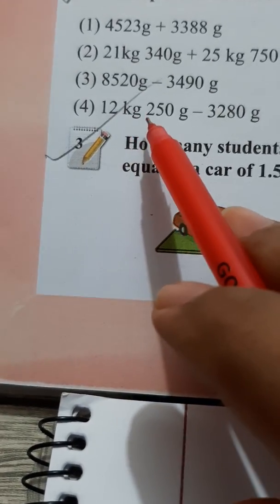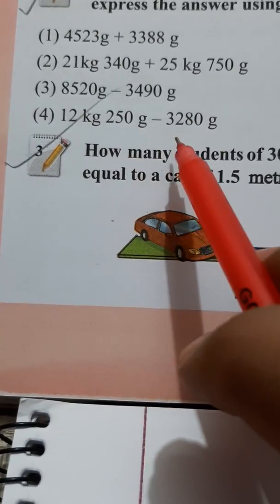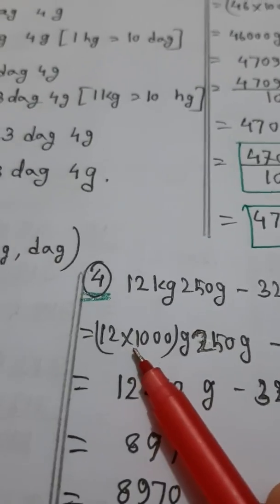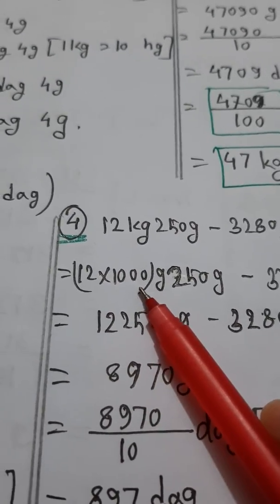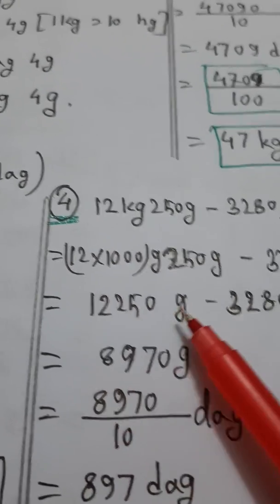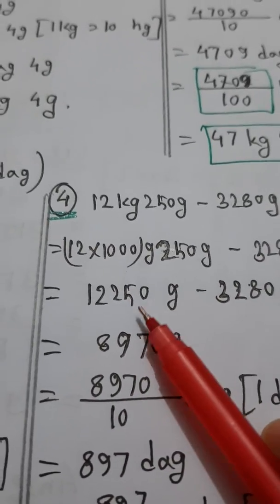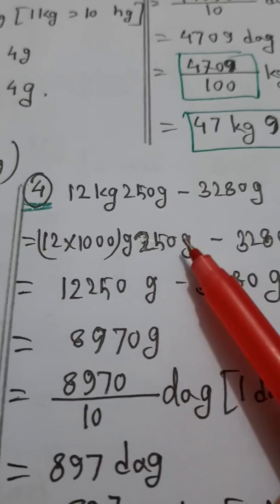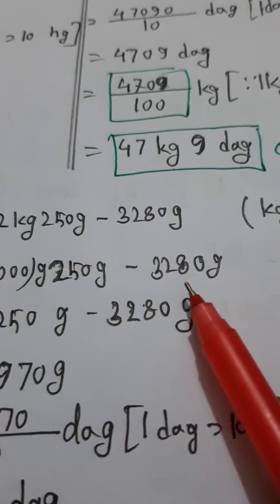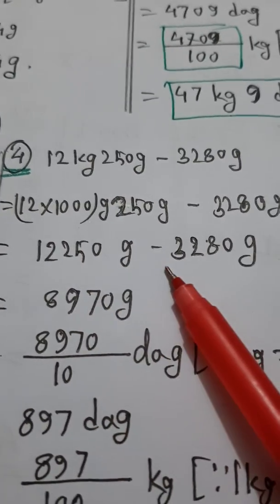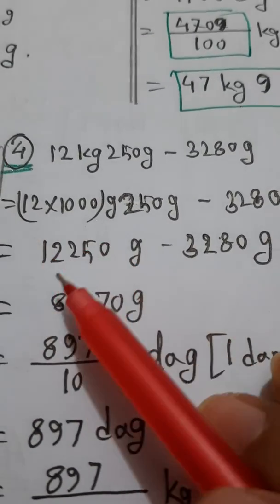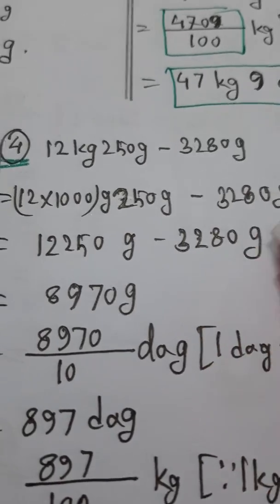Number 4. 12 kg 250 gram minus 3280 gram. At first we convert kg into gram, so multiply by 1000. 12,000 plus 250, 12,250 gram in total. Then we subtract 3280 from 12,250.